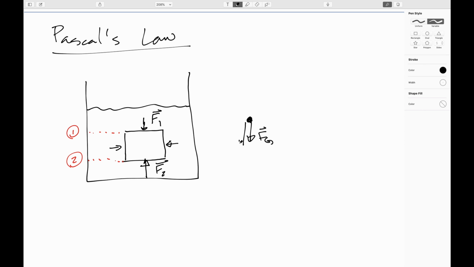So we've got our force of gravity down, we've got our force due to the fluid above pushing down, F1, and then we'll have to have a bigger F2 pointing up to cancel those out. And then again, there are these lateral forces from the fluid that cancel out because the fluid isn't sliding around.